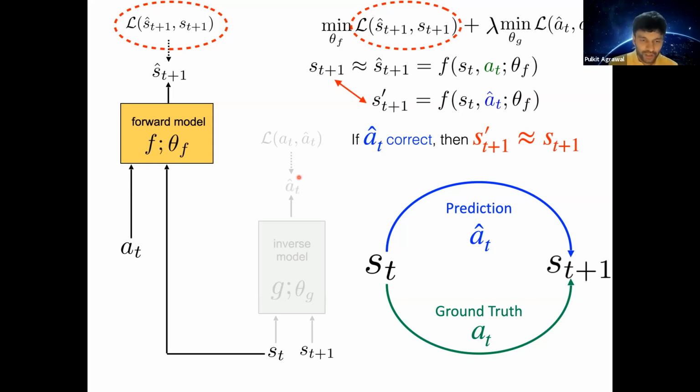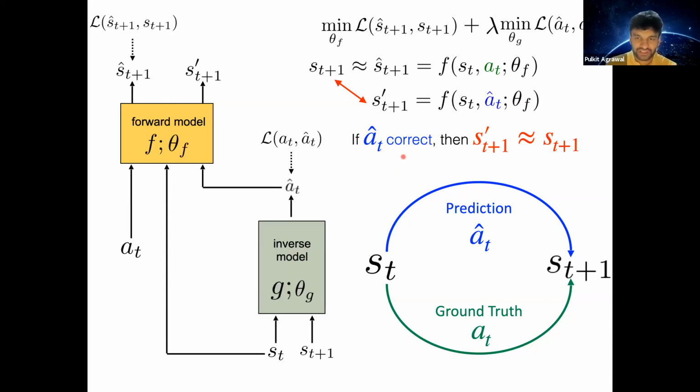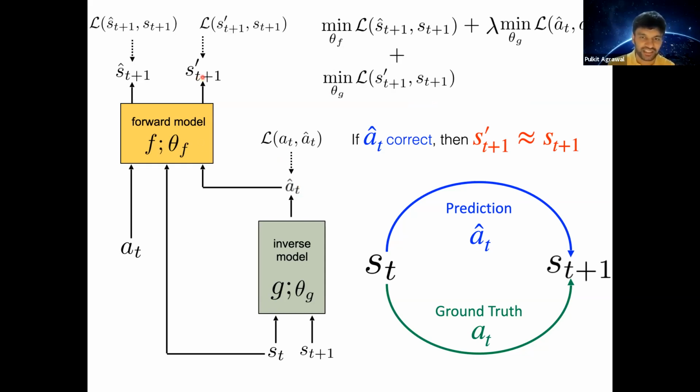So what we can do is enforce this constraint. We can say, my inverse model is going to predict an action a hat t. And what I want is that this predicted action, when put through the forward model, should also lead me to the correct state. So I can add this additional loss term.